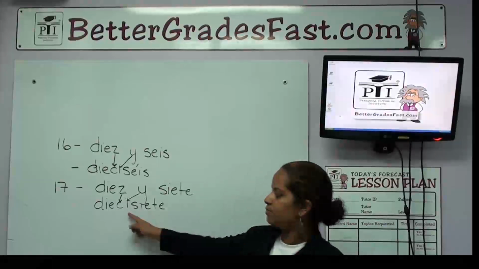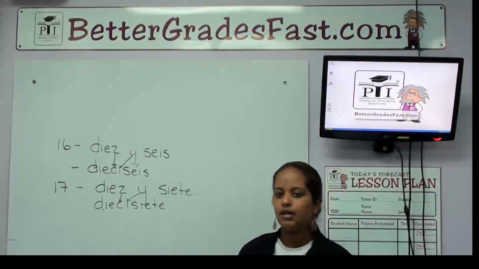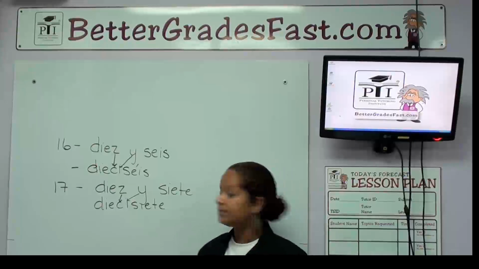Again, the Z becomes a C, the Y becomes an I, joining it together to make 17.